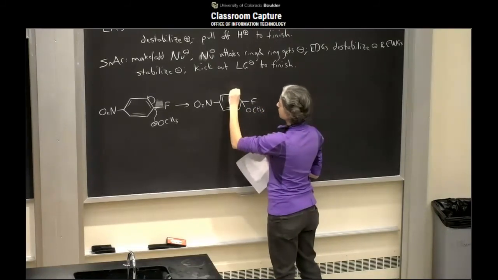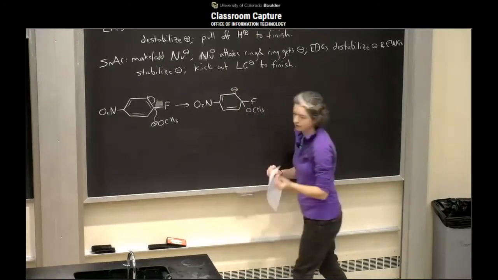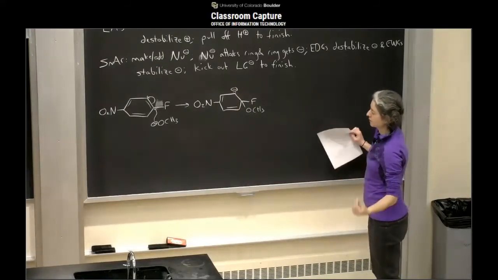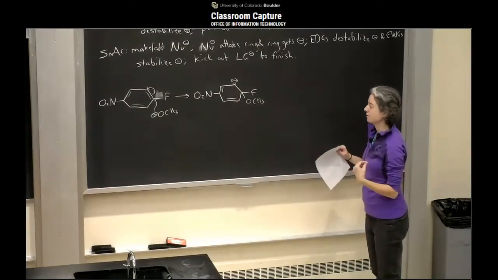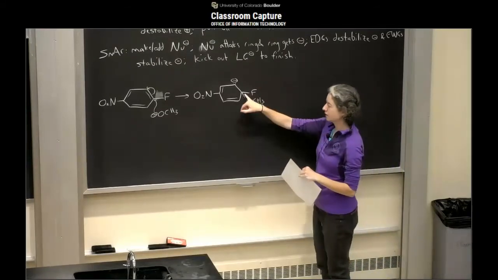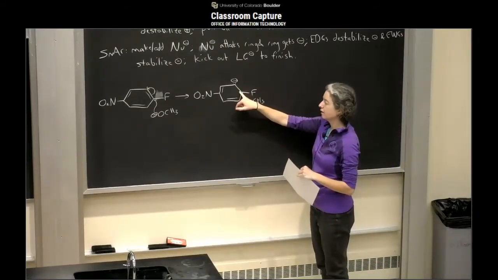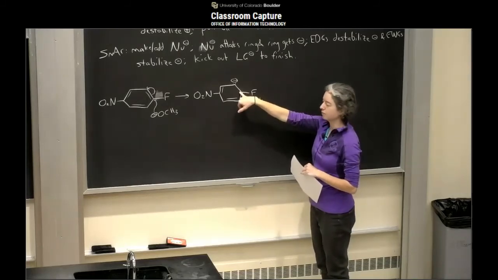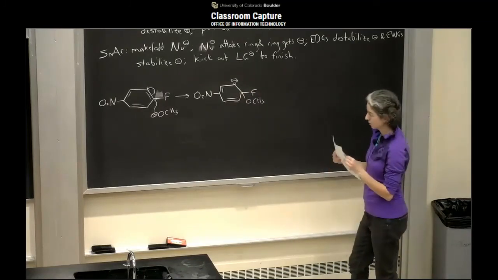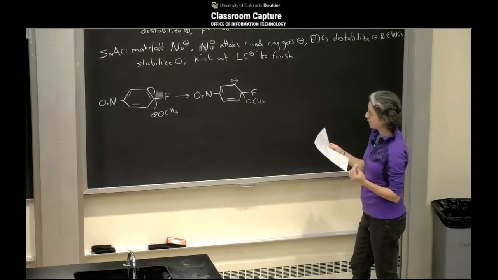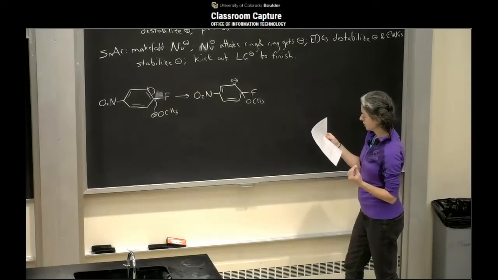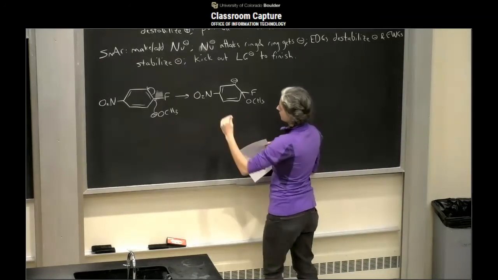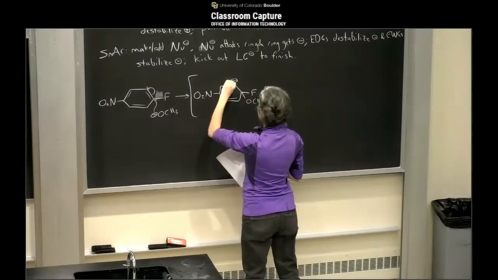Okay, and note that we're breaking aromaticity by doing this, just like we did in EAS, only now it's because we have too many electrons instead of too few. But we do still have one carbon in the ring that has 4 total bonds to it, and so this is the one where we're going to have to pull something off at the end to make things work. Okay, so we can show this minus charge moving around the ring.